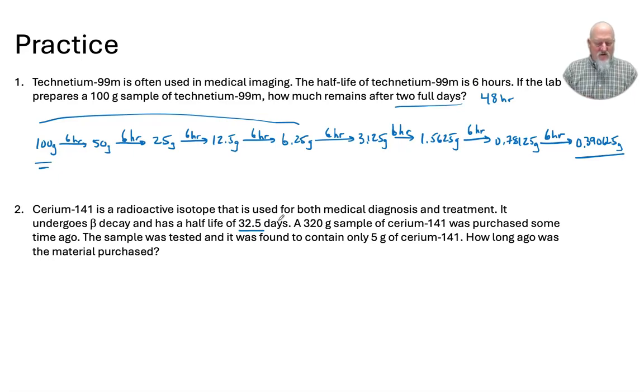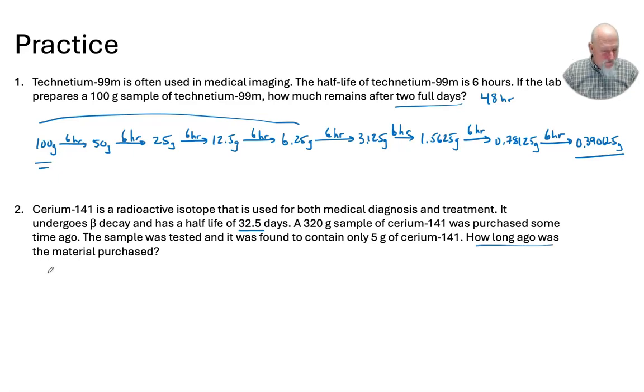Now it says we start with a 320 gram sample of cerium-141, and we purchased it a while ago. The sample was tested and was found to contain only 5 grams of cerium-141. So we start with 320 grams, and now there's only 5 left. So we want to figure out how long ago the material was purchased.